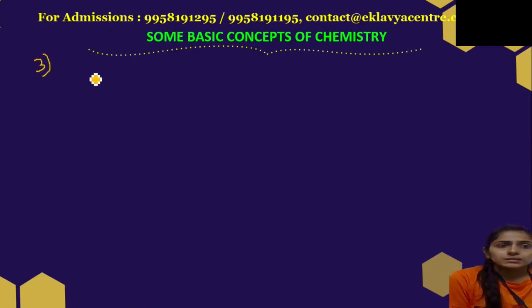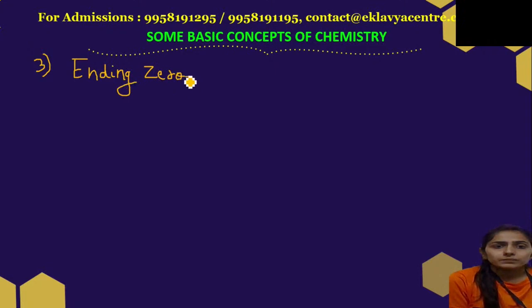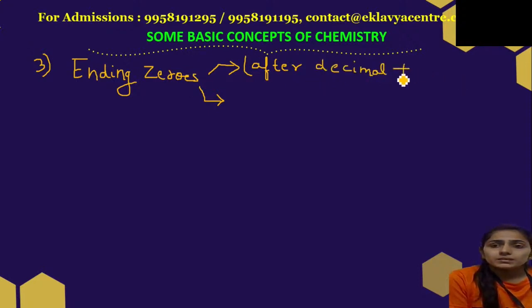In case of ending zeros, we have to discuss two cases. First is when we have 0 after the decimal, and the 0 is at the end.